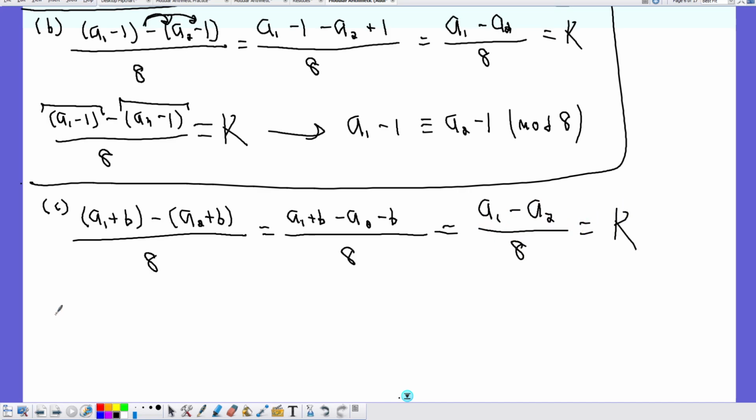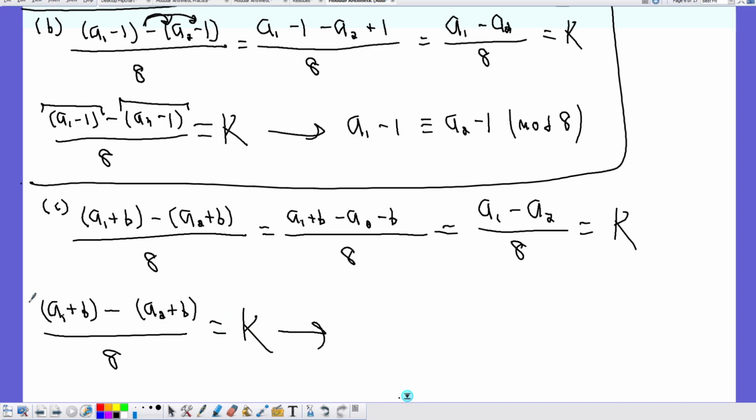So, again, we have established that a1 plus b minus a2 plus b over 8 is equal to an integer k, which proves that these two terms are congruent under mod 8. So a1 plus b is congruent to a2 plus b under mod 8.